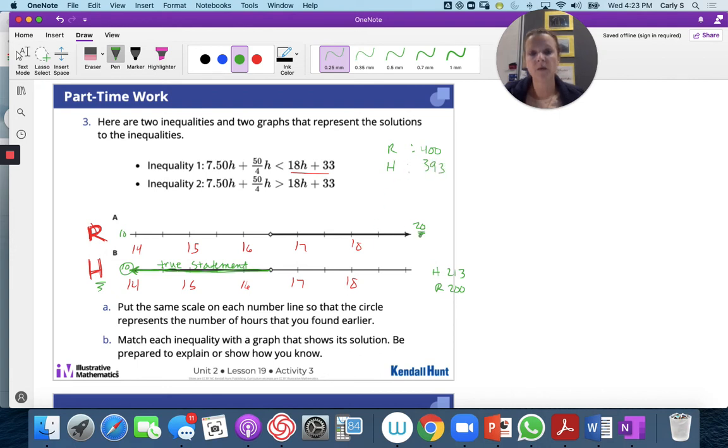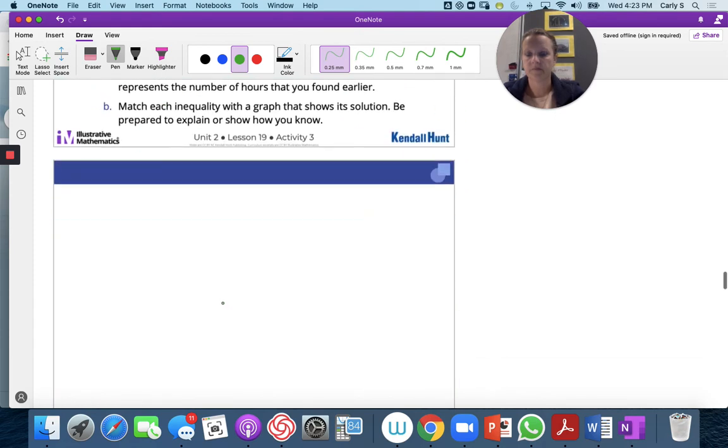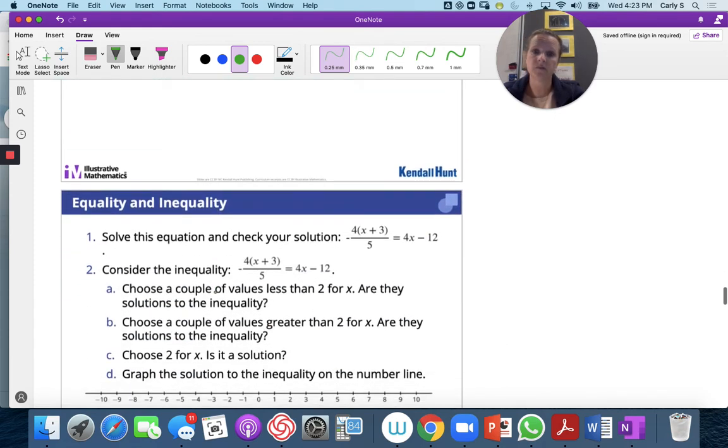So 20 is way up here. So when I test numbers bigger than 16.5, it makes for a true statement that you make more money at the restaurant than you do at the hotel. So all of these make for true statements. And I left some room for me to work.